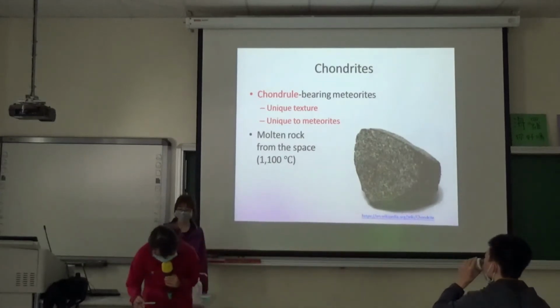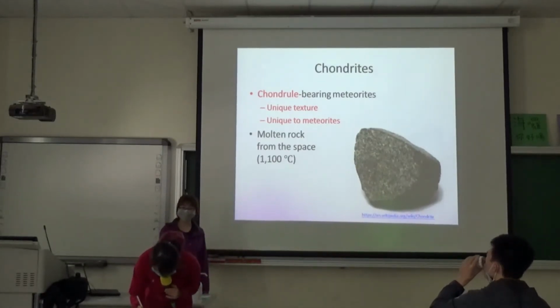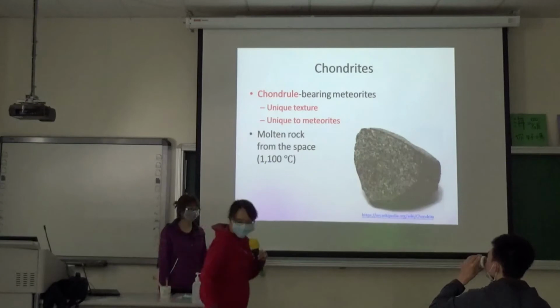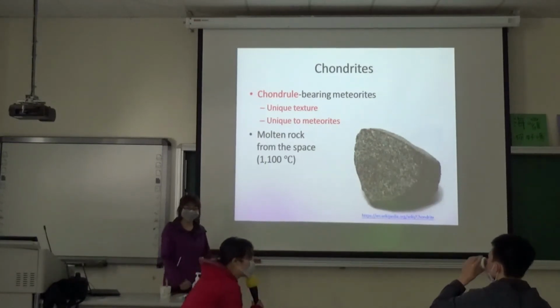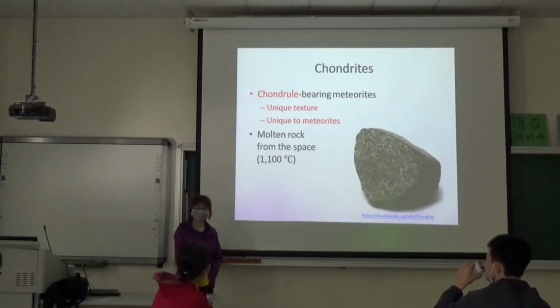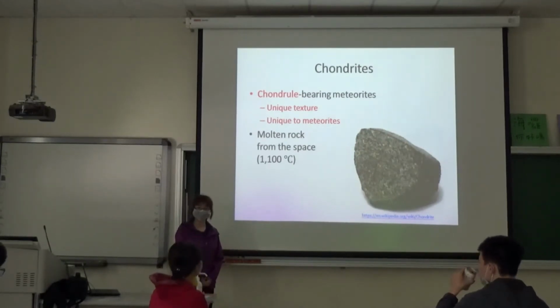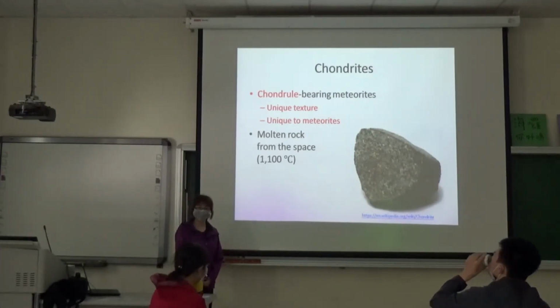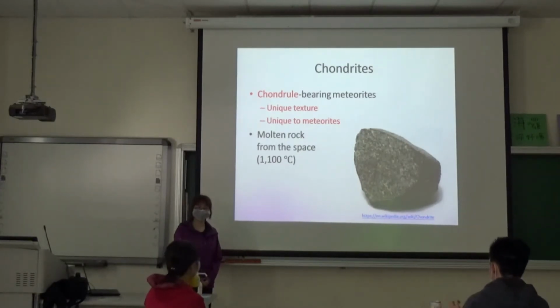That's good. That's my first question. And my second question is, can you clarify again? You say there's a kind of chondrite called carbonaceous chondrite, right? And there are also chondrites which are just chondrites.